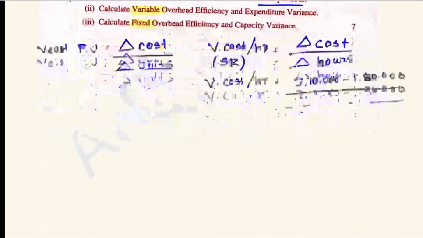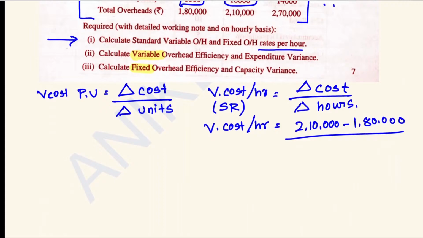So that means 8,000 into 5 divided by 10,000 into 5. So 40,000, or I'll write 50,000 only. 50,000 minus 40,000.